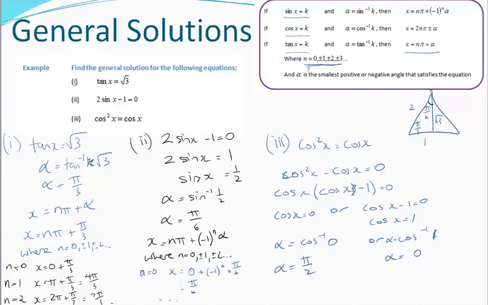So here we fill this part of our formula in. x is equal to n pi plus minus 1 to the power of n times pi on 2, and x is equal to n pi plus minus 1 to the power of n multiplied by 0. And so on from there.